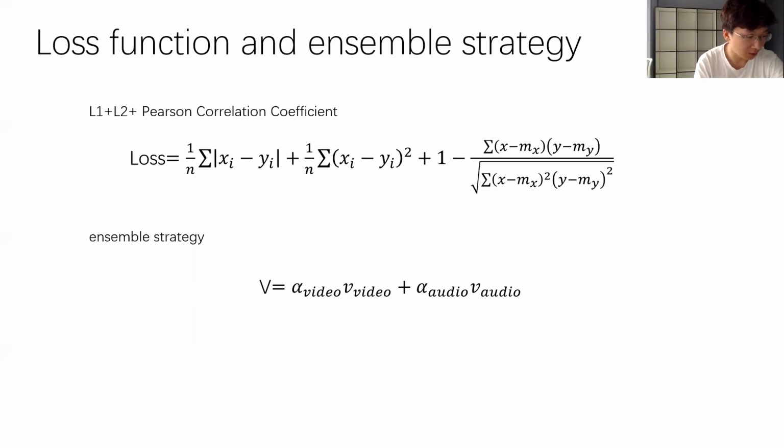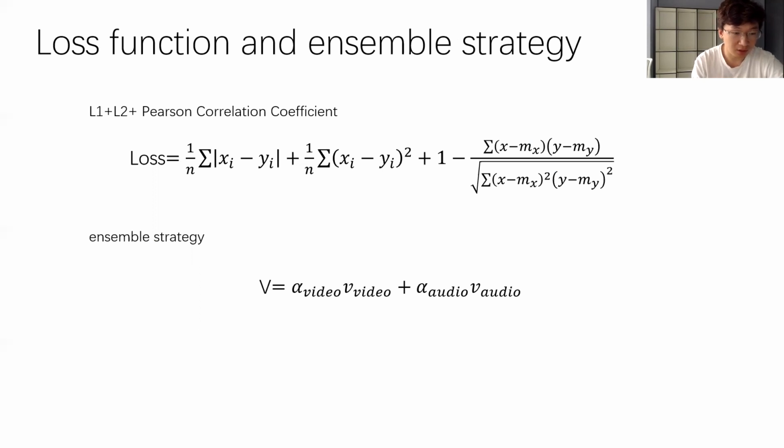Therefore, in our subsequent experiments on audio, we directly introduced the Pearson correlation coefficient as a penalty in the loss function, calculating it for each batch over the 15 expression categories.